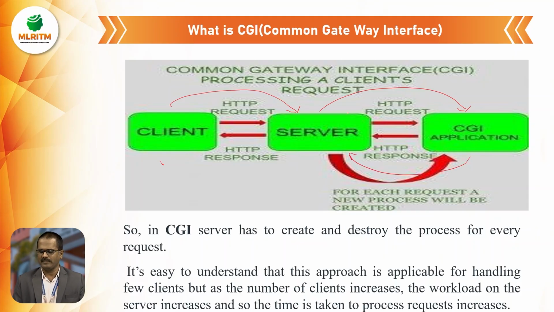Then the server can kill the process by which this CGI application was invoked. Only after killing this process is the HTTP response sent back to the client. This is how a web server uses CGI scripts to handle the HTTP request. This is a time-consuming process and also has low performance. That's why we go to servlets.